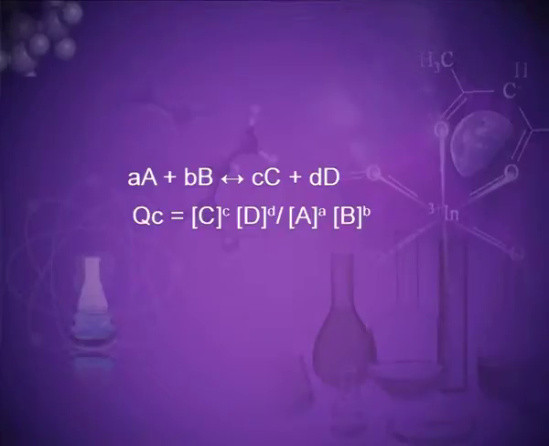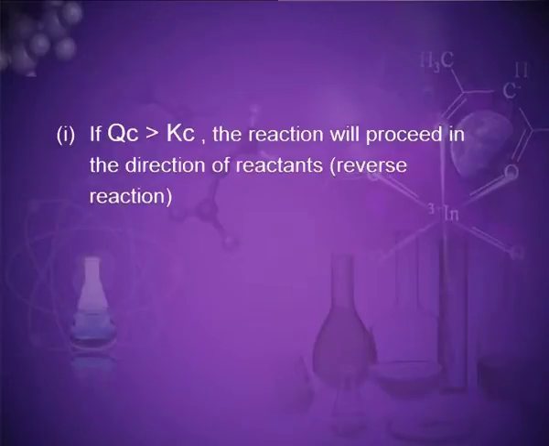This can be expressed as Qc equals the molar concentration of C to the power c, times the molar concentration of D to the power d, divided by the molar concentration of A to the power a and the molar concentration of B to the power b. Then, if Qc is greater than Kc, the reaction will proceed in the direction of reactants, that is the reverse reaction.